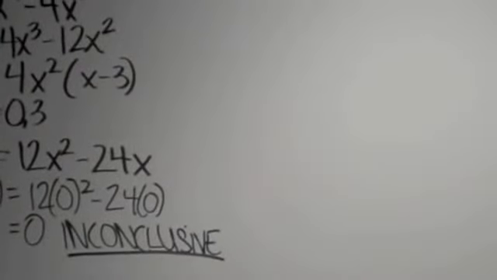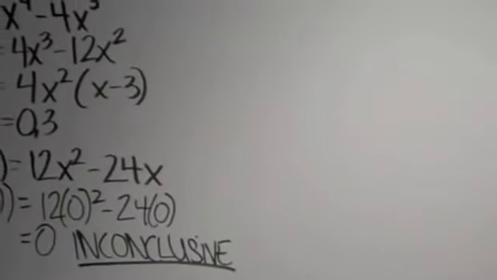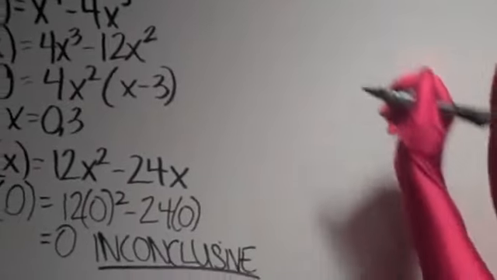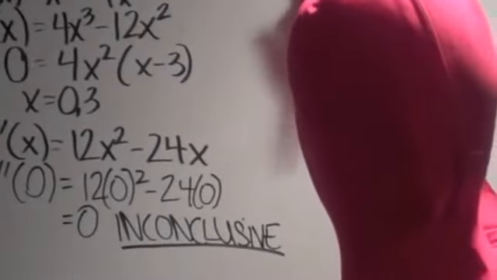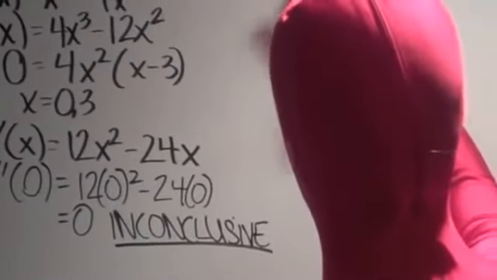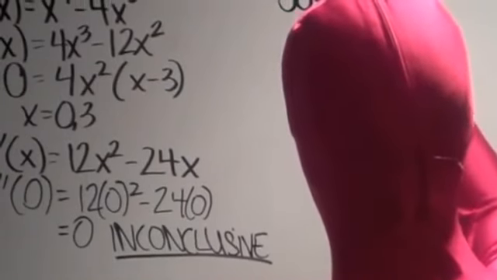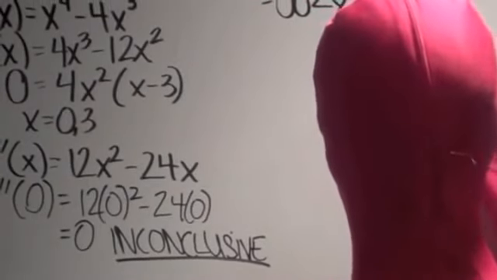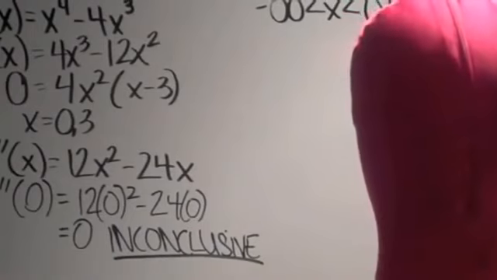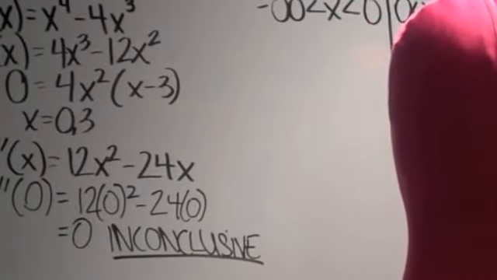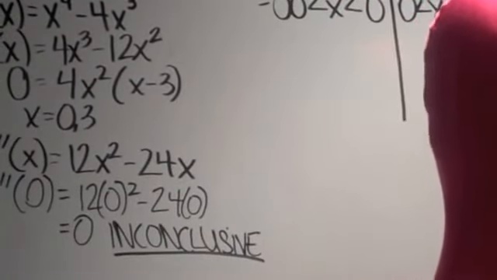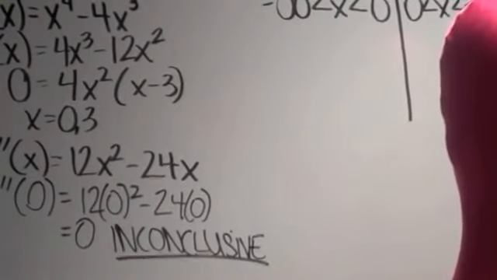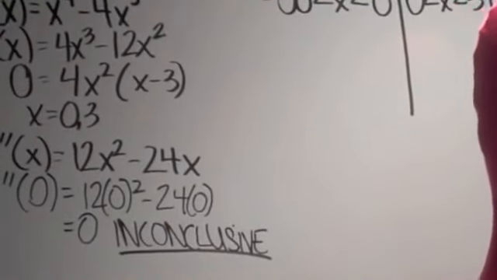To do the first derivative test, we must separate our critical points into intervals. The first interval is negative infinity to 0, or x is less than 0. The next interval is 0 is less than x is less than 3. And the last one is 3 is less than x is less than infinity.